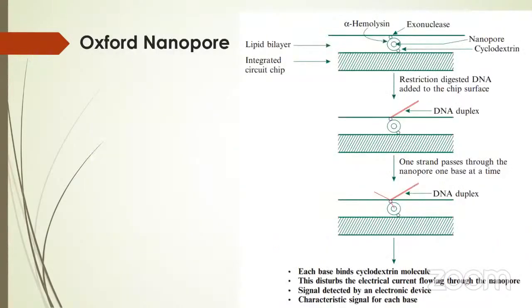Now, the recent technology, that is Oxford Nanopore. Oxford Nanopore is an advanced sequencing technology, and it uses a flow cell. The flow cell is composed of hundreds of microwells, just like Illumina.